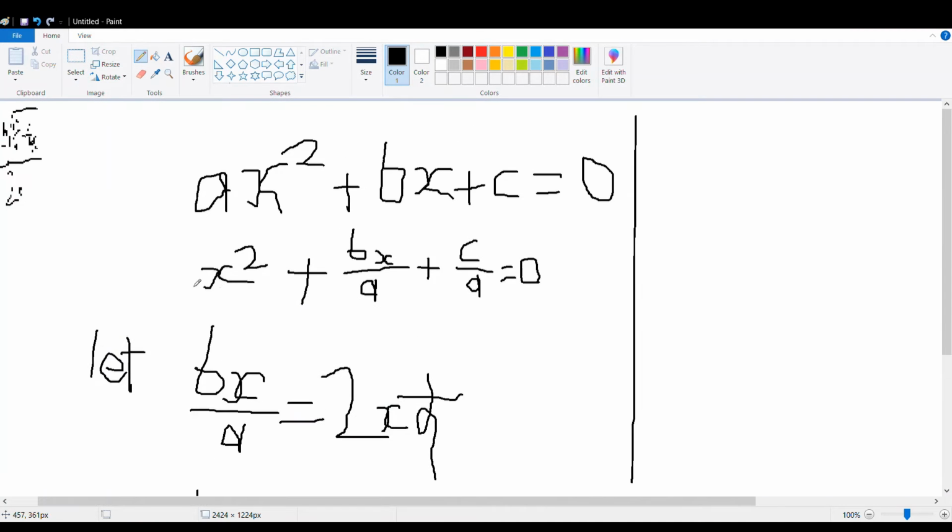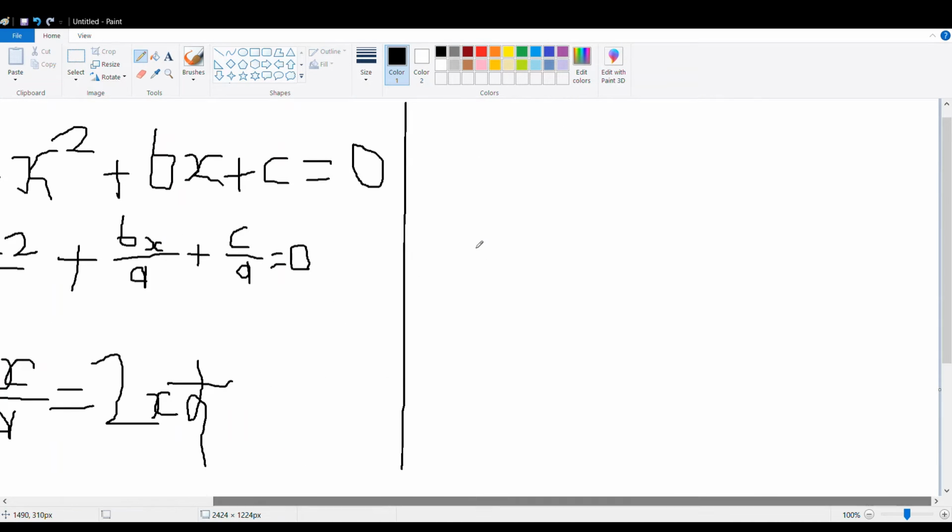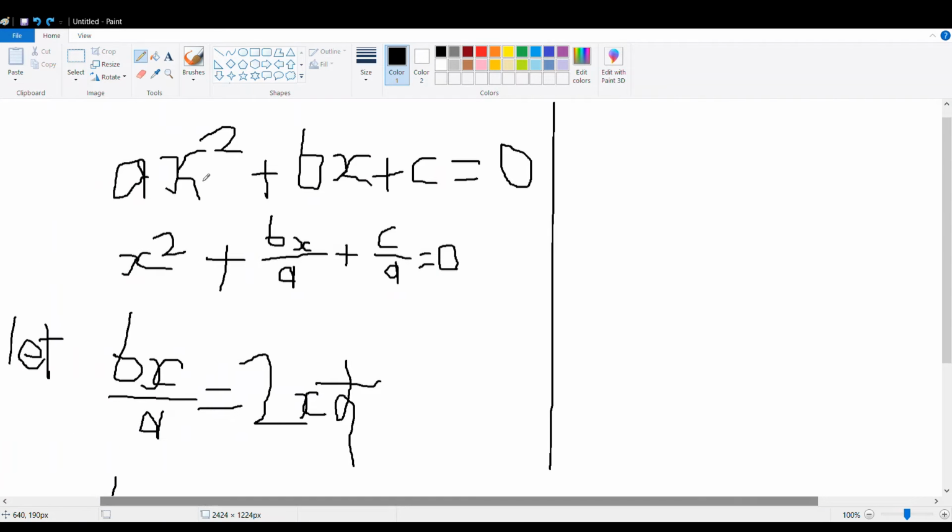Where were we left off with that? So what we're going to do is add su squared to both sides of the equation. So su is b on 2a. I'm going to do what's called a pro gamer move and copy and paste the first part that we don't need to redo.